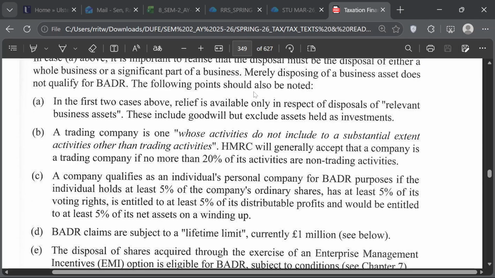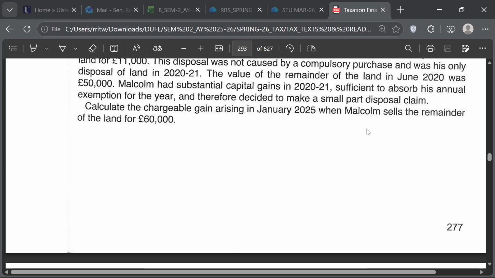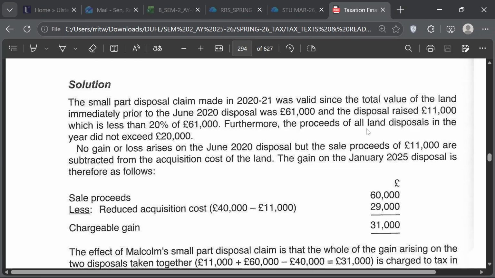So I need to go to 278, and then that will become 294. So let me go to 294. If you're doing it in a separate Adobe Acrobat file, the system may be different, but I always open it in the browser. Okay, this is actually 278.